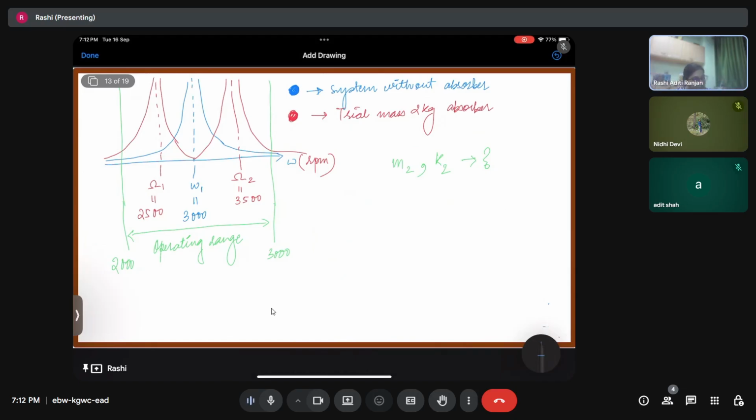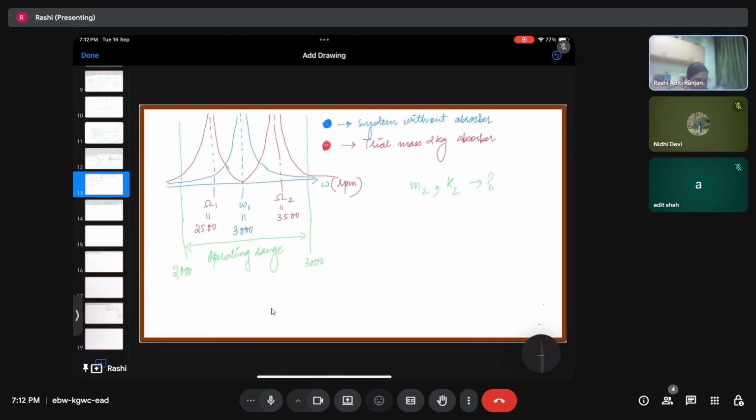There is this one equation, which is a very long equation. I'll write it in the next slide.